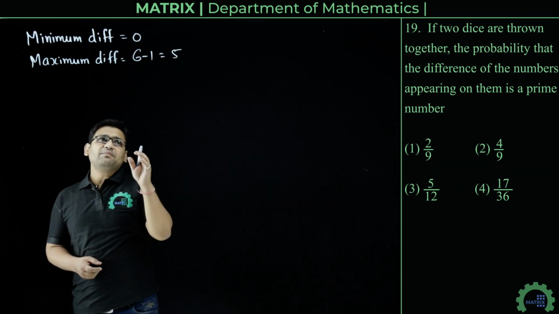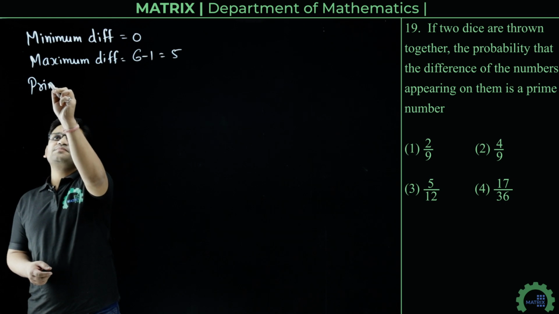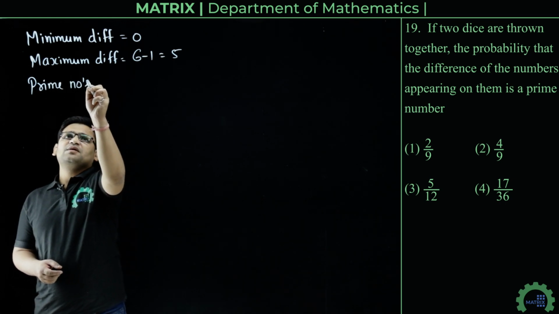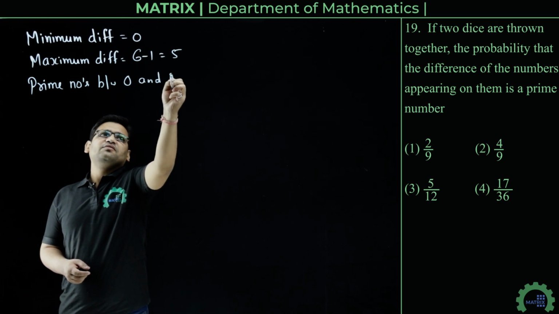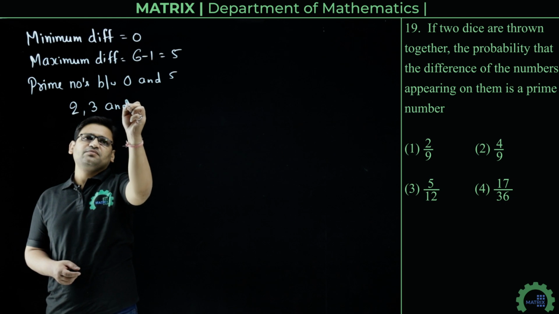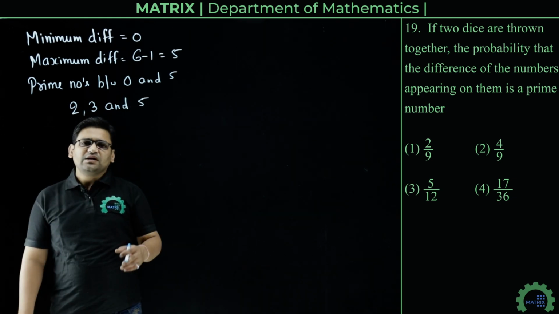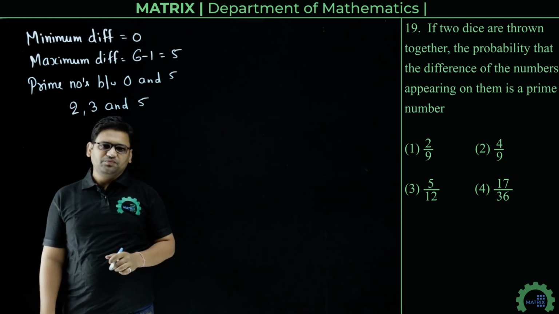So the prime numbers between 0 and 5 will be 2, 3 and 5. Now we will consider cases for the prime number 2.